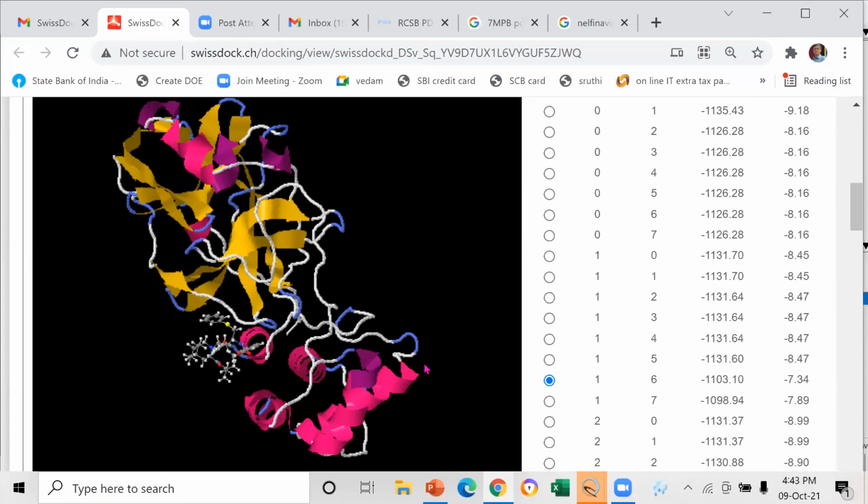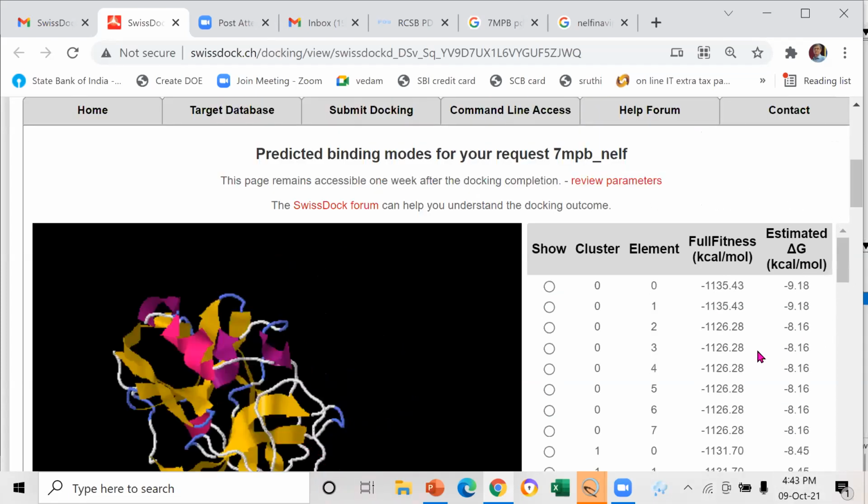Then you give your email ID and the results will come to your email. Then you can see the result. You can look at the binding energy, which is given in the last column. The more negative it is, the more stable it is, correct?